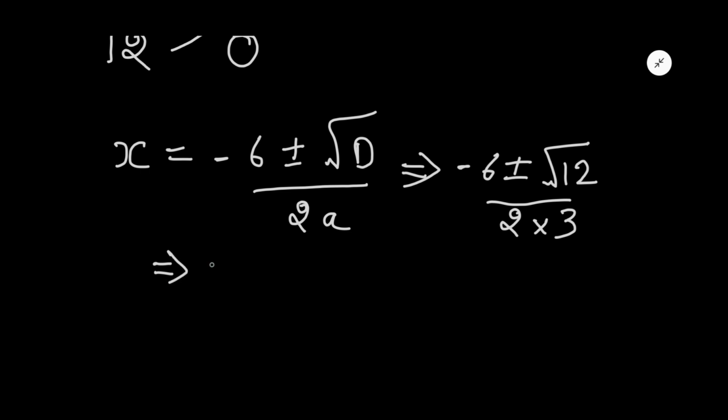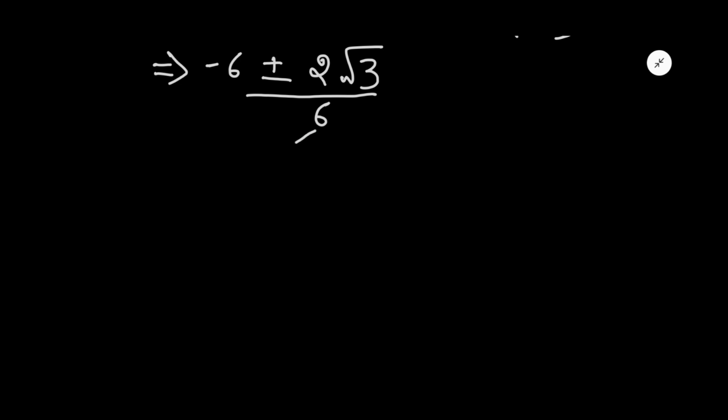So if we calculate, minus 6 plus minus the square root of 12, which is 2 under root 3, upon 2 into 3, which is 6. So there will be two equations.